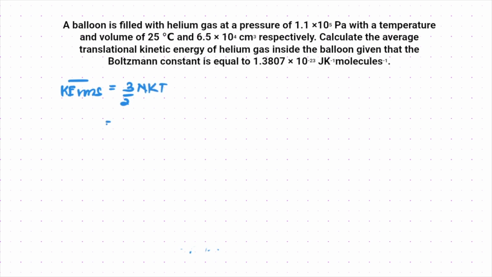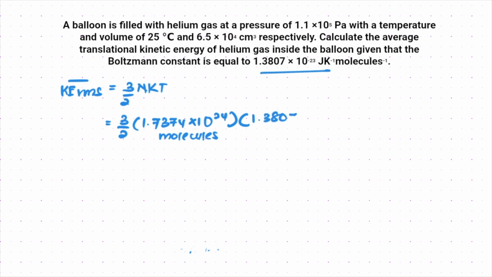So from here you will have 3 over 2, your N is 1.7374 times 10 to the power of 24 molecules, and then you will have your Boltzmann constant, 1.3807 times 10 to the power of negative 23 joule per Kelvin per molecule.